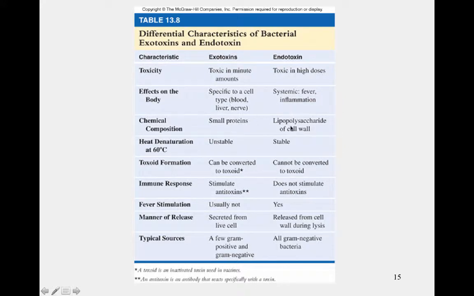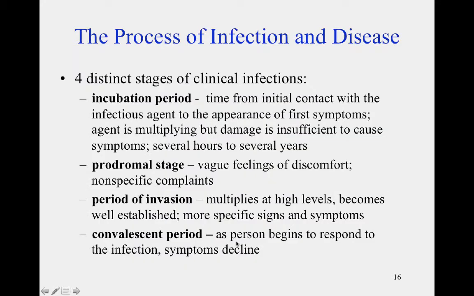And remember, endo is derived from the LPS of that cell envelope of gram-negative. They're more stable, and they cannot be converted to a toxoid, whereas the exo can. And also, in the case of the sources, remember, endo is strictly found in gram-negative, whereas exo can be both gram-negative and positive.